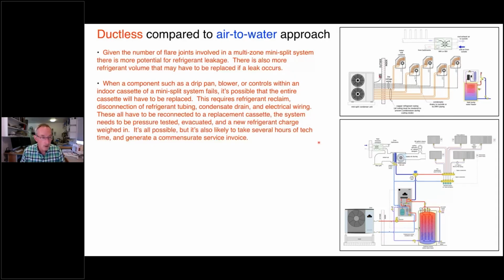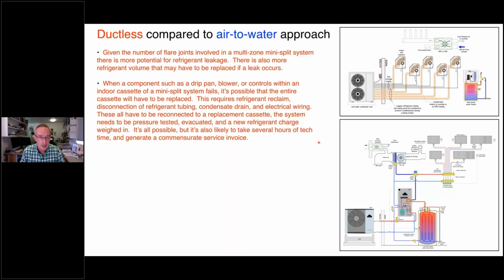Parts were under warranty. But when the contractor came out to deal with it, they found out we can't just replace this drip pan. We have to replace the entire head. There was no way in this particular unit to remove just the drip pan and replace it with an uncracked drip pan.